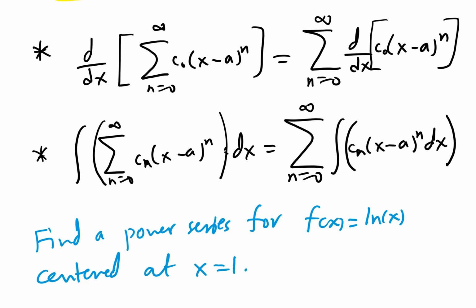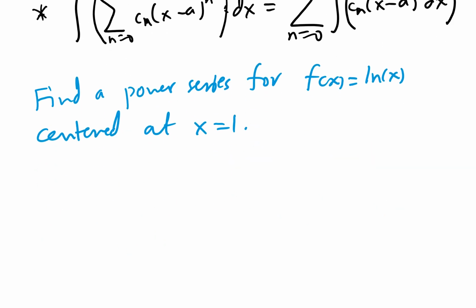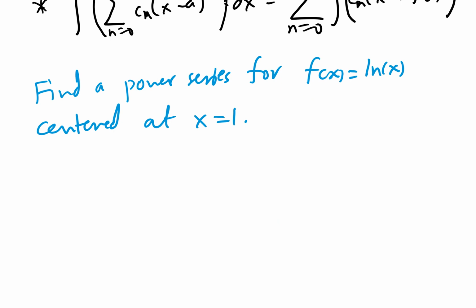We can look at an example: find a power series for this function centered at x equals 1. So it says centered at 1, right? If this doesn't look like the standard form, 1 over 1 minus x, you want to think about either differentiating or integrating some function to help us.